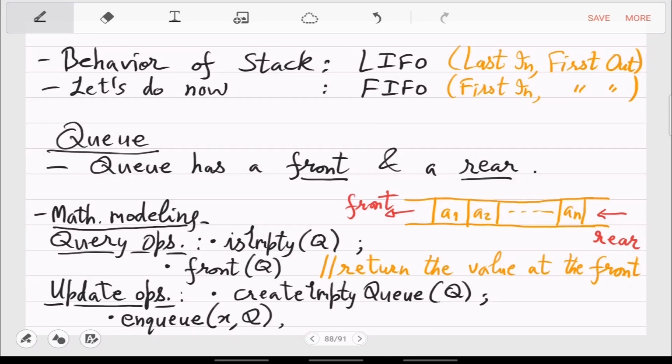What this does is inserts X at the rear. So enqueue is the insertion analog here. When you want to insert X, it will be inserted at the rear part. So you will have an A(N+1). The queue grows by size 1.